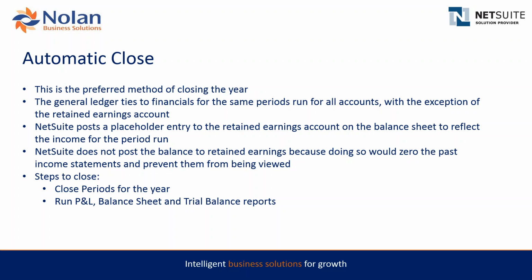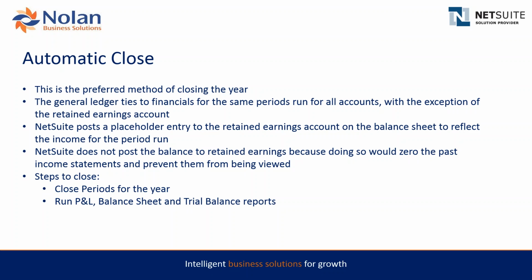What happens is NetSuite posts a placeholder entry to the retained earnings account in the balance sheet to reflect the income for the period that has been run. But NetSuite does not post the balance to retained earnings, because doing so would zero the past income statements and prevent them from being reviewed. I'll show you what that means shortly inside NetSuite.